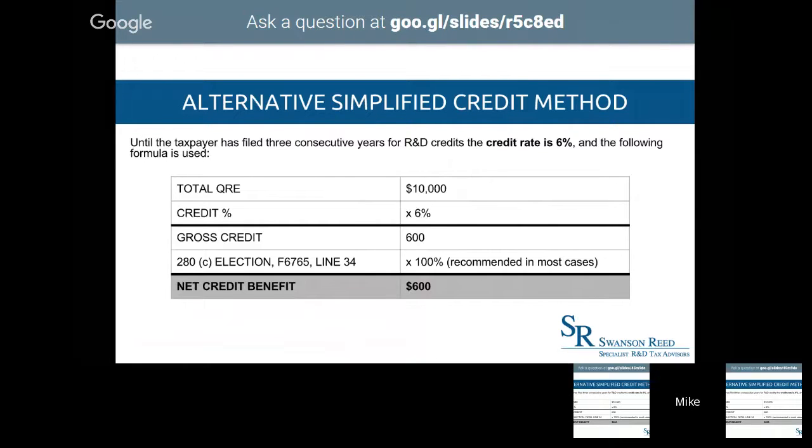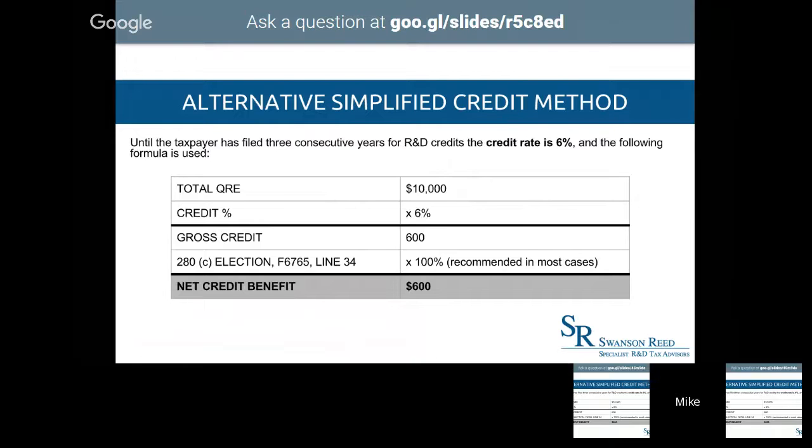Let's assume that you've calculated your total QRE, that's qualifying research expenses, the three big categories we talked about at the beginning of the presentation. So they come up to $10,000. For the first three years that you're filing claims, you use a rate of 6%. You multiply that 6% times your total QREs, and you get a gross credit of $600. Now, there is a thing that applies to the regular method and the alternative simplified credit method both.